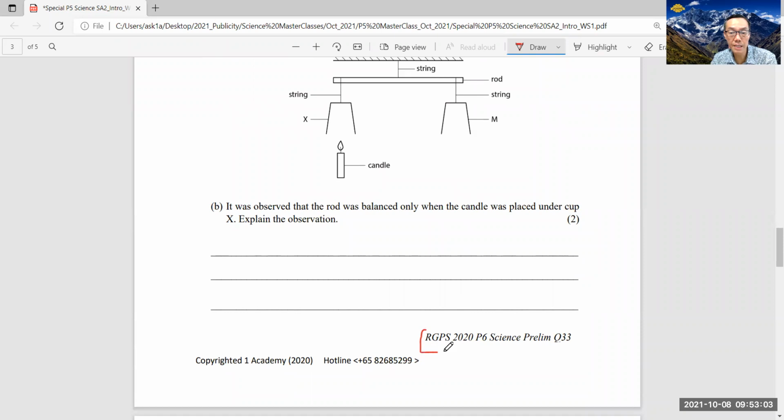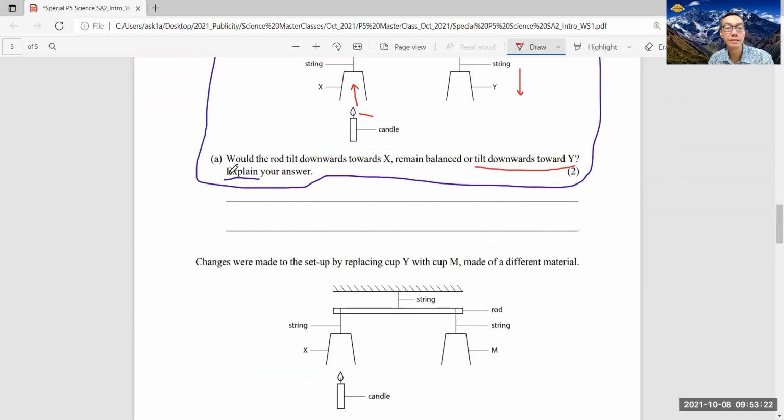Okay, this question actually came out in this school's prelim exam. Last year's paper, 2020, RGPS. Okay, this one. So how will you answer this question?